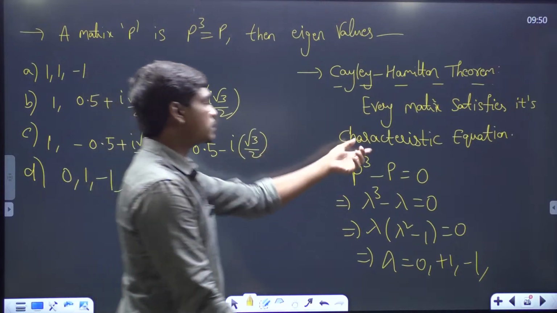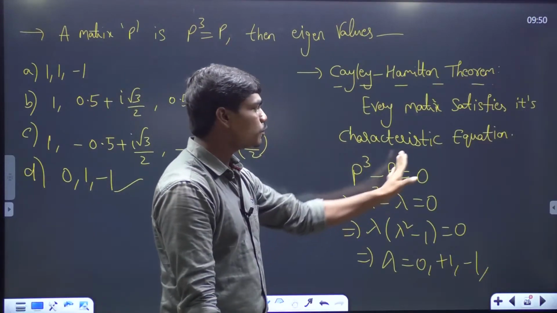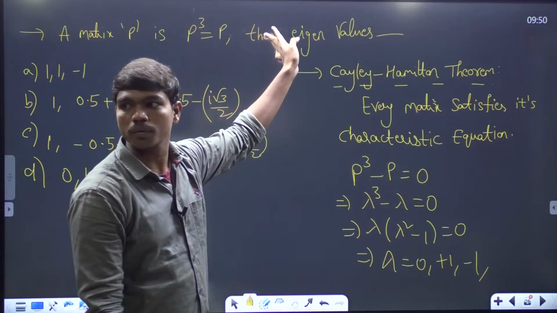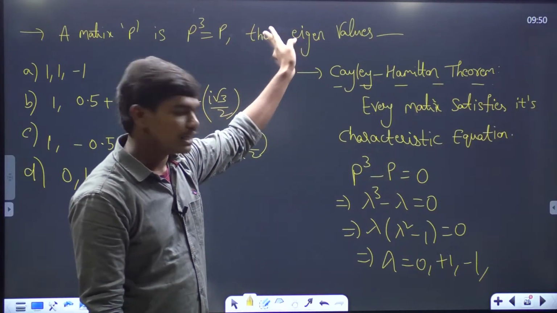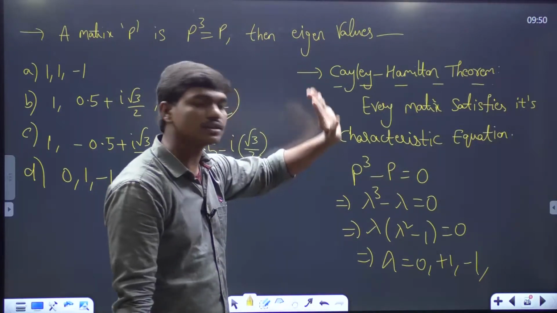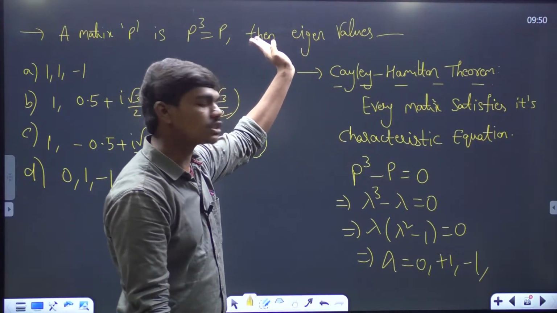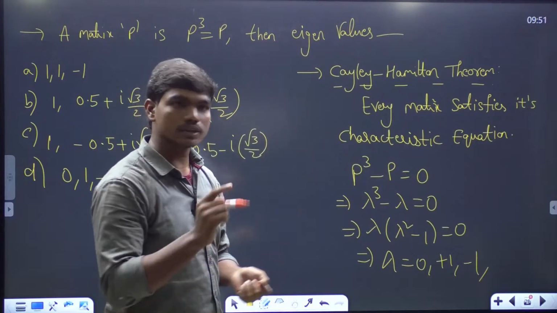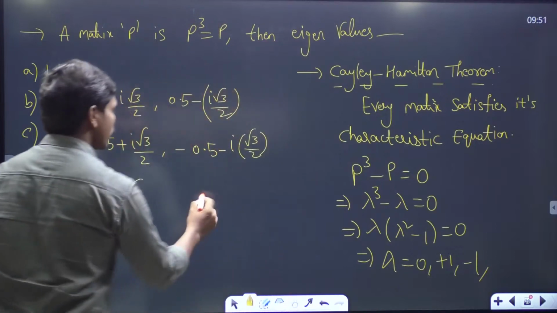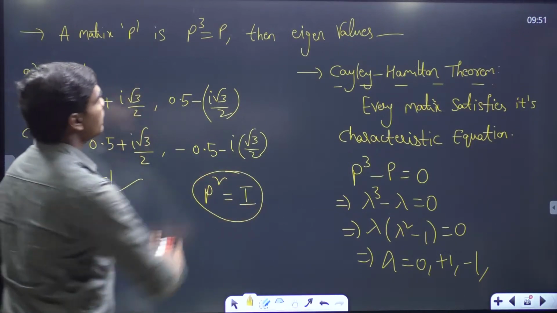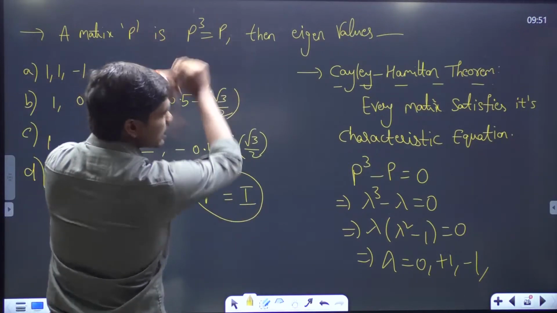Okay, this is just a matrix which is satisfying P cube is equal to P, correct? In the question they didn't mention that it should be singular or non-singular. If they don't mention that, then we have a chance that this matrix can be a non-singular matrix, correct? If this matrix is non-singular, then inverse exists for this matrix. If inverse exists, then I can write P square is equal to I, because P cube is equal to P, if you multiply with P inverse on both sides.